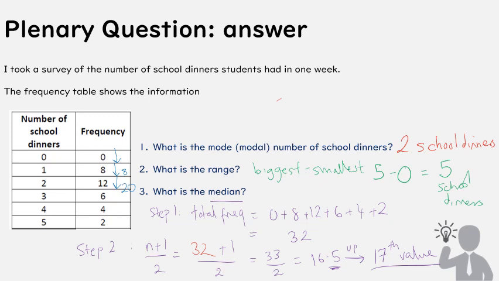So in between the end of this group here and the end of this group here, we would have passed the 17th value, the 17th person in the queue. Therefore, we look at the group that was in, and it's in 2. Putting that into context, the median, therefore, is 2 school dinners. So really well done if you got all of those correct.